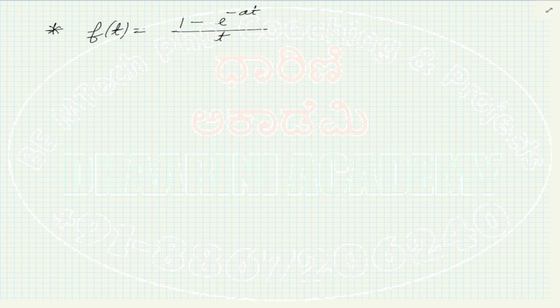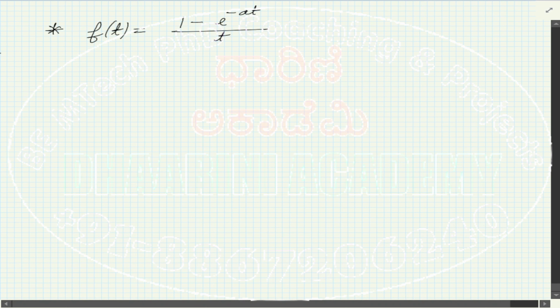This property should be integration of s domain. So let's start with 1 minus e to the minus at and calculate its Laplace. That is 1 is 1 by s, minus e to the minus at is 1 by s plus a.